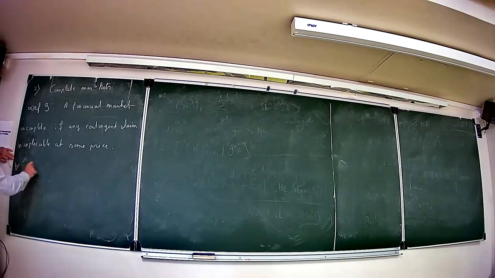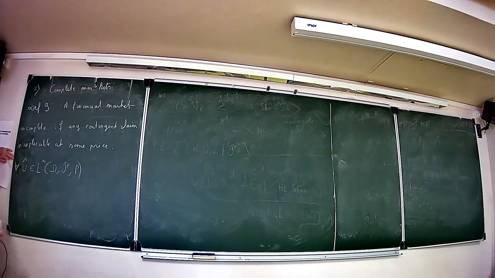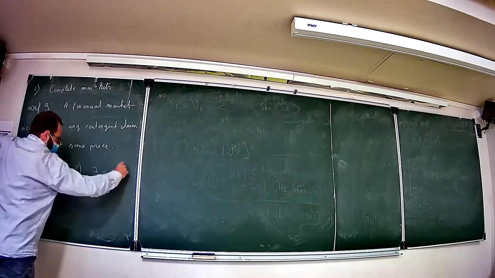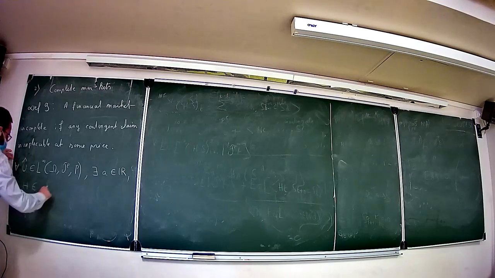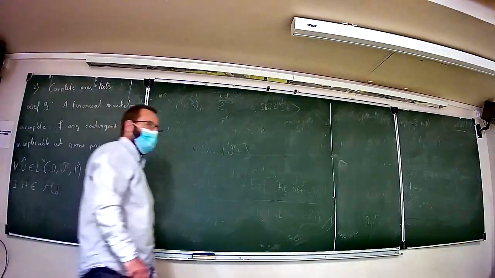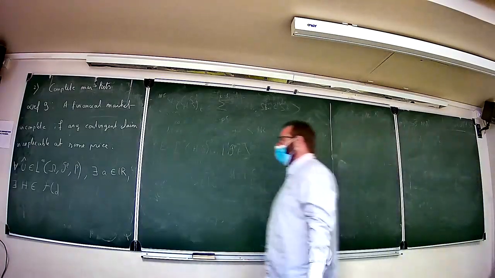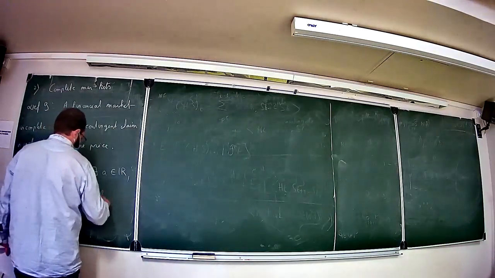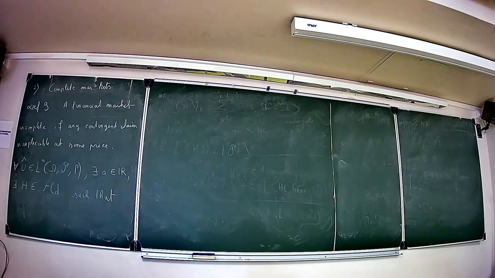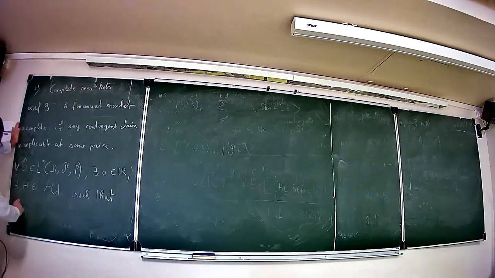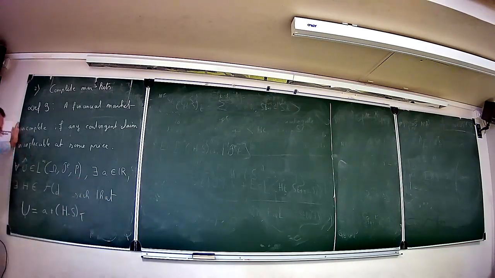For all U belonging to L infinity of Omega, F, P, there exists an A belonging to R, that will be the replication price, there exists an H belonging to the set of R^d valued stochastic processes that are adapted to my filtration, that will represent the quantities of risky assets in my portfolio, such that I want the final actualized value of the associated financial strategy to be exactly equal to the actualized value of U. So such that U equals A plus H times S at capital T.